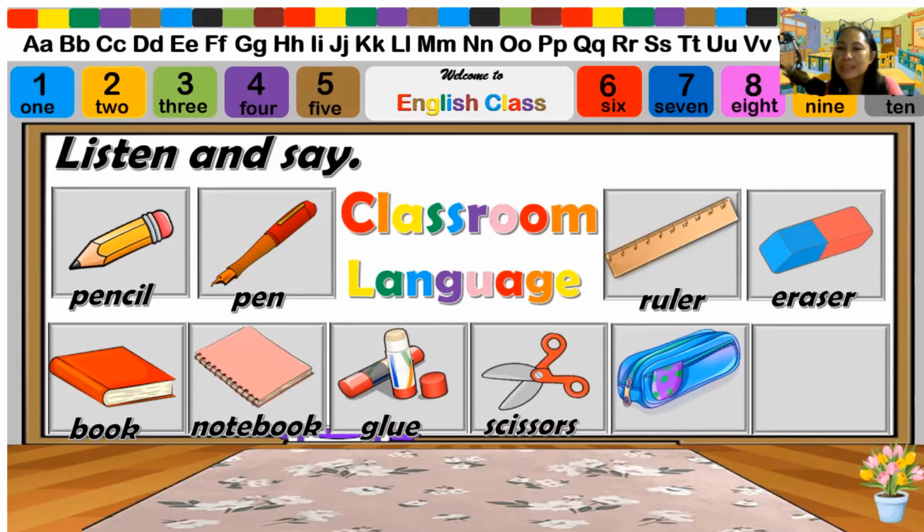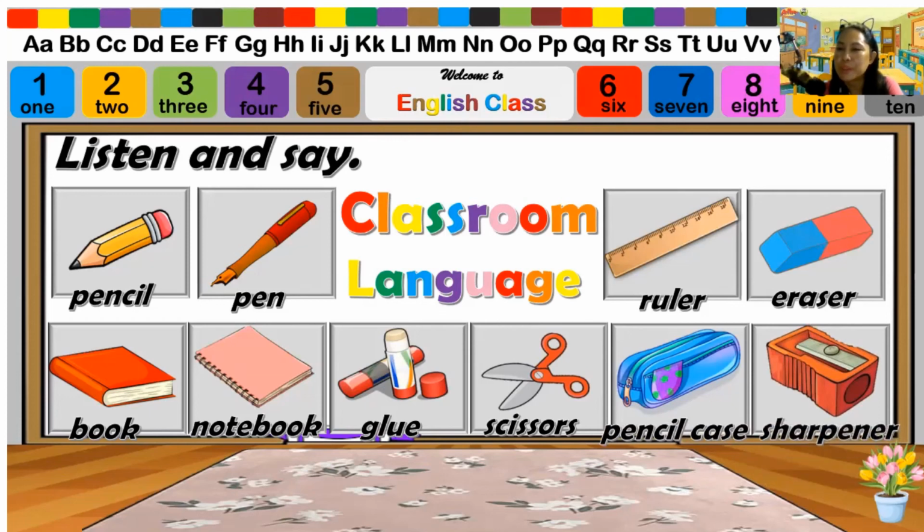That's correct, a pencil case. So how are you going to ask? May I borrow your pencil case, please? Okay, and the last one, what do you want to borrow? That's right, a sharpener. So how are you going to ask? May I borrow your sharpener, please?